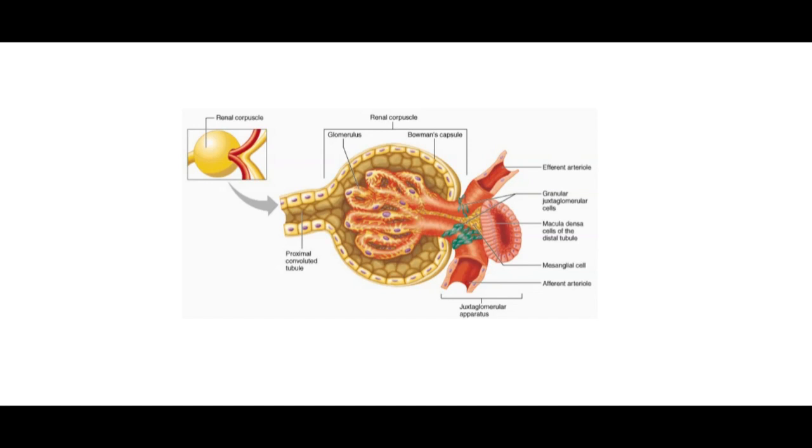All of the smooth muscle cells that are around there, including the mesangial cells, are going to be subject to sympathetic and parasympathetic innervation, as well as different types of chemical mediators that can help relax or cause constriction in the smooth muscle. So things like nitric oxide will help to promote relaxation, carbon dioxide, low pH, all of these things can help to cause relaxation of those smooth muscles.